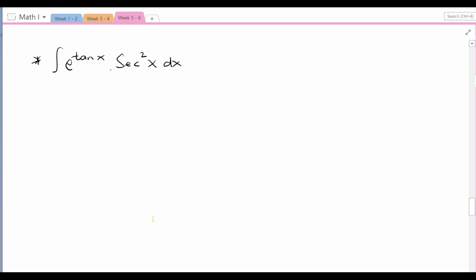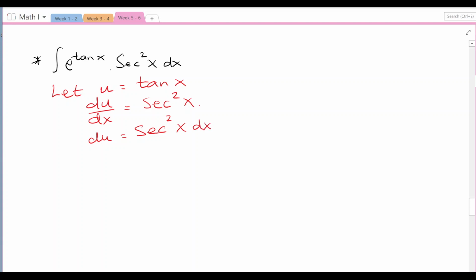By using u substitution, we're going to let u be tan x, because the derivative of u with respect to x is secant squared x. How do I know this? It's simply based on memorization, or you can refer to the tables.